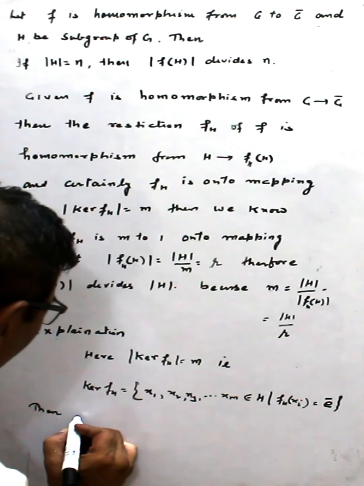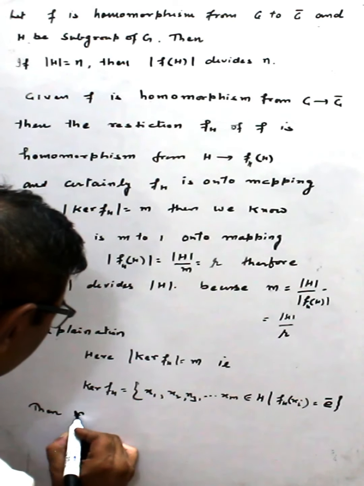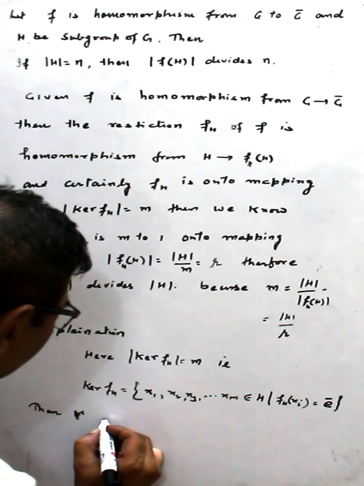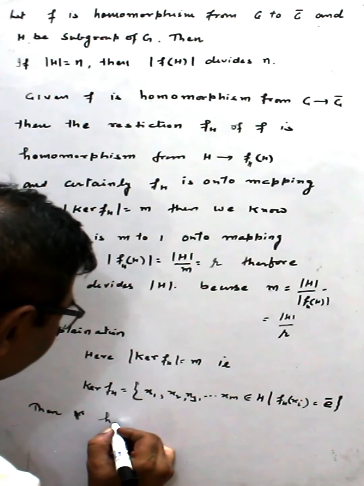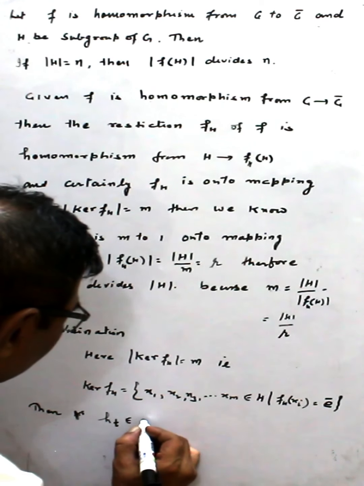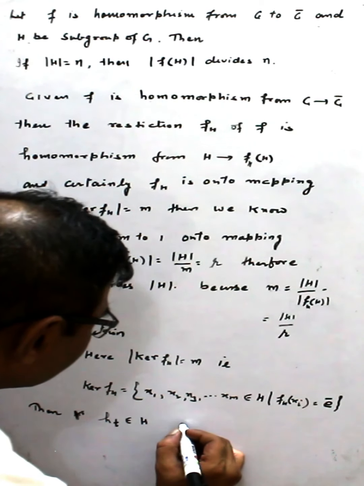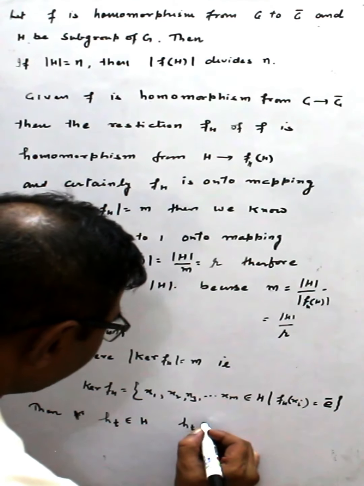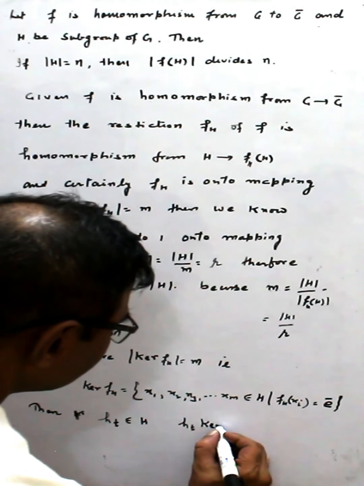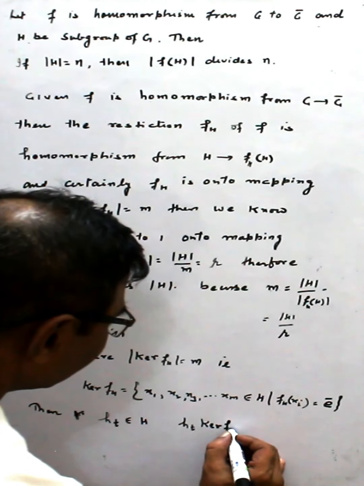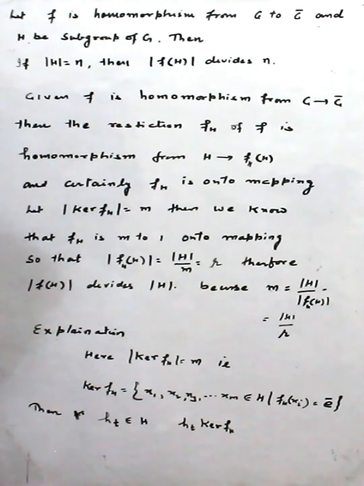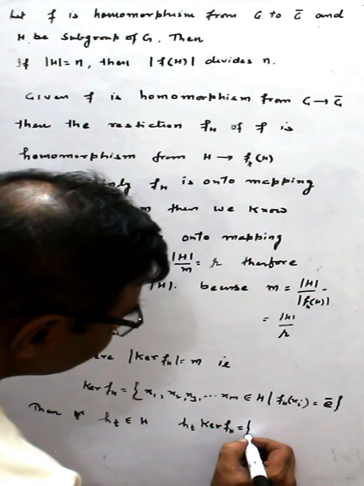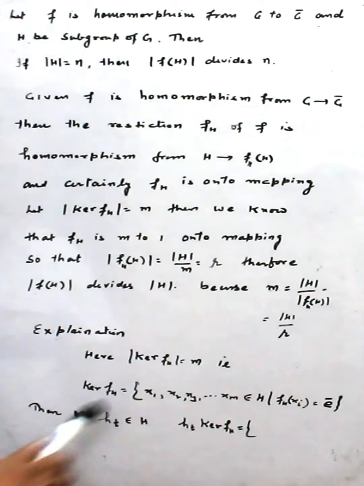Therefore, for all ht belonging to H, consider the coset ht·kernel F_H; it has how many elements? Obviously m.